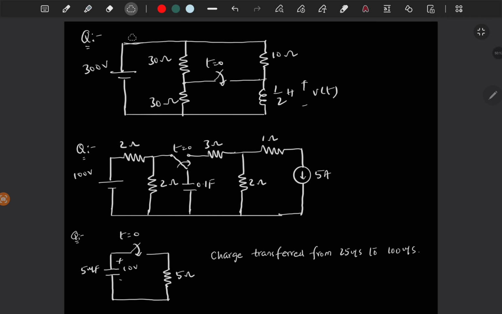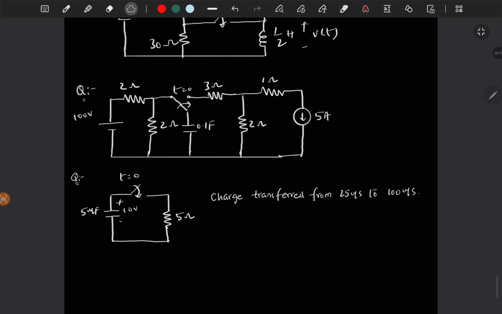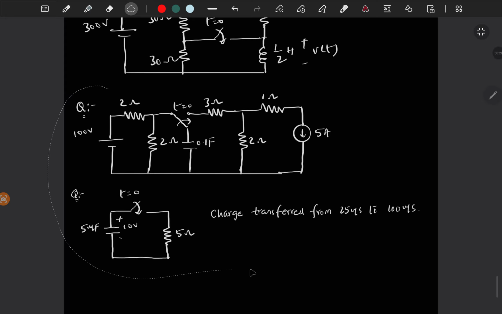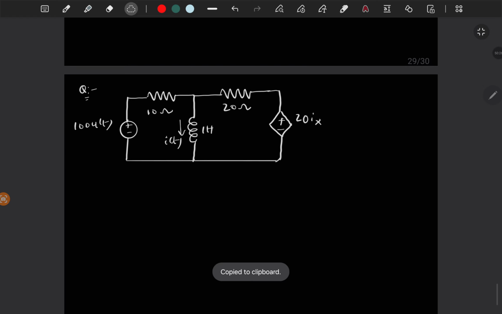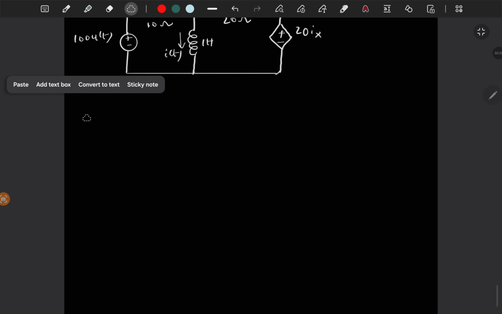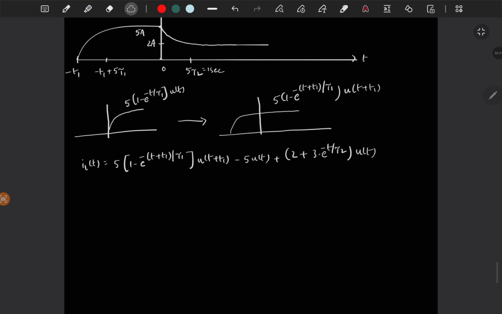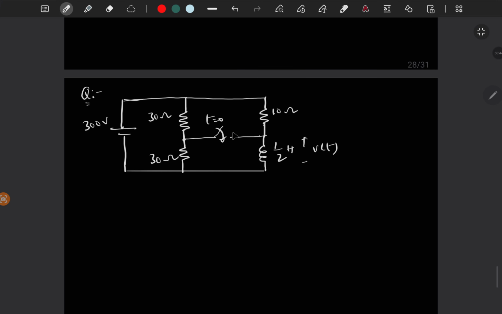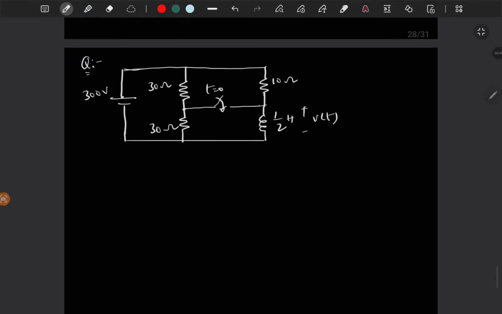Now let's solve this circuit. So look at the circuit. At t greater than 0, the switch is closed, which means this is open for t less than 0.